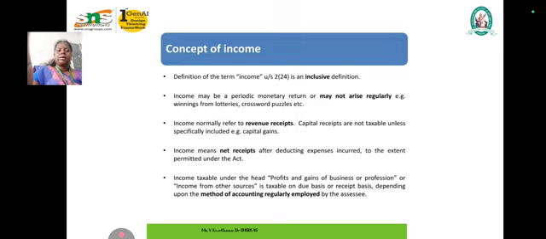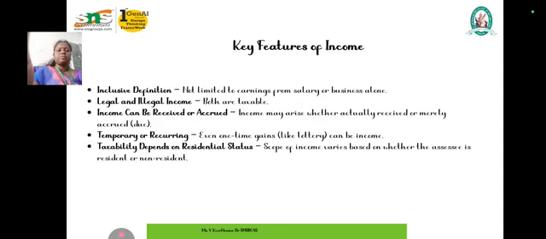Capital receipts are not taxable unless specifically included, like capital gains. Income means net receipt after deducting expenses incurred to the extent permitted under the Act. Income taxable under the head of profit and gain of business or profession or income from other sources is taxable on due basis or receipt basis, depending upon the method of accounting regularly employed by the assessee.